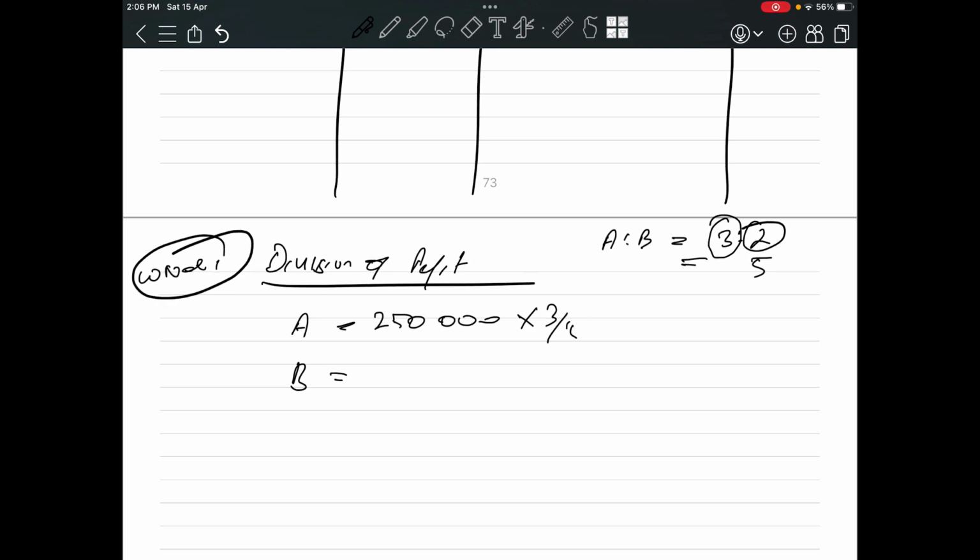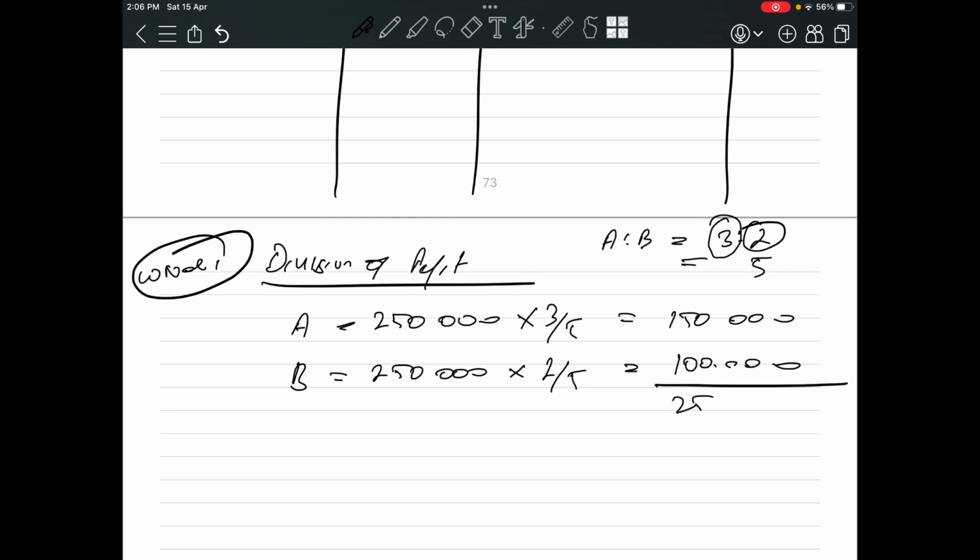A gets 2,50,000 into 3 by 5, which is 1,50,000. B gets 2,50,000 into 2 by 5, which is 1 lakh. The total is 2,50,000.